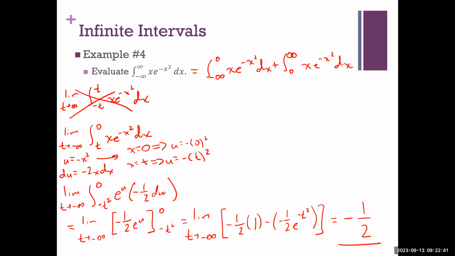Are we done? No, that was half, but really we've done a lot of the hard work to find the other half. So we have found the integral from negative infinity up to 0 for this function. Now we have to find the integral from 0 to infinity.